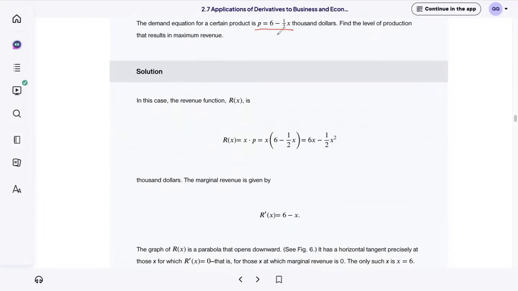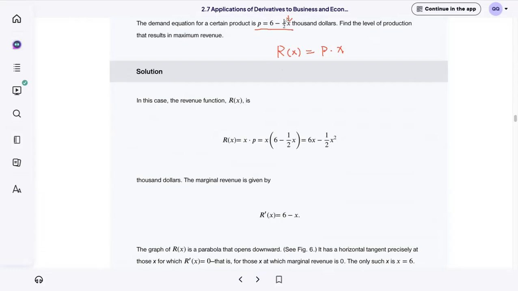So this is the price. Find the level of production that results in maximum revenue. Remember, revenue of X, depending on the quantity, equals the price multiplied by the quantity. And this X is the quantity of product. So the price is a function in terms of the quantity.